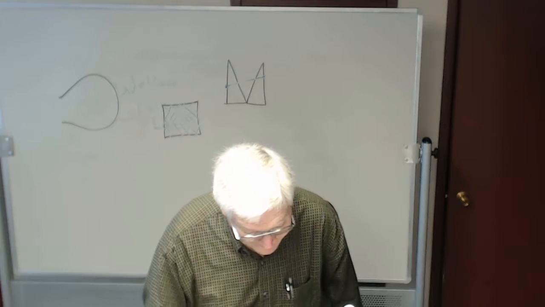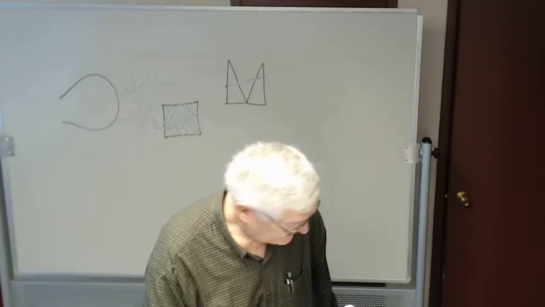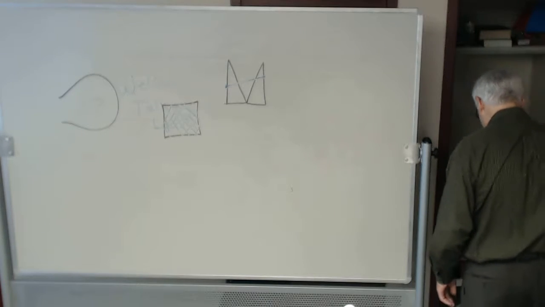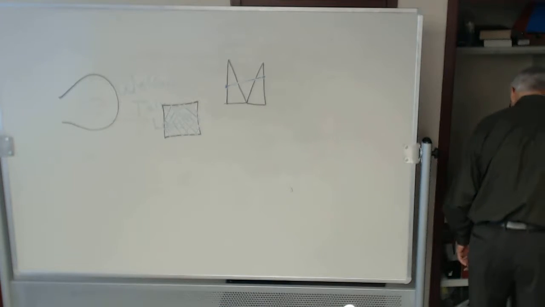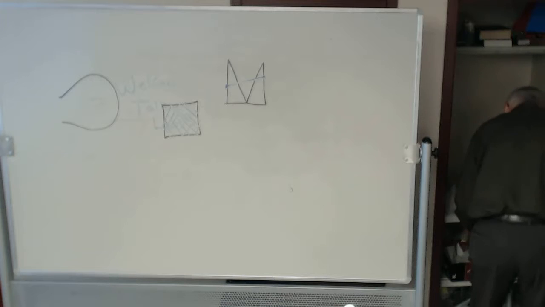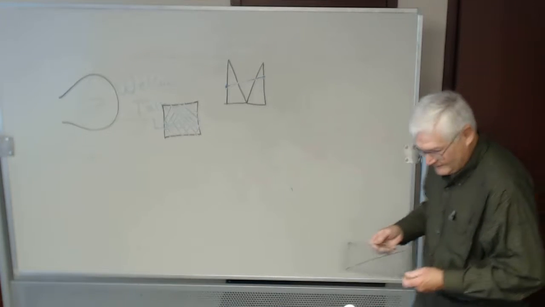What about number 20? What is it? It's an isosceles acute triangle.